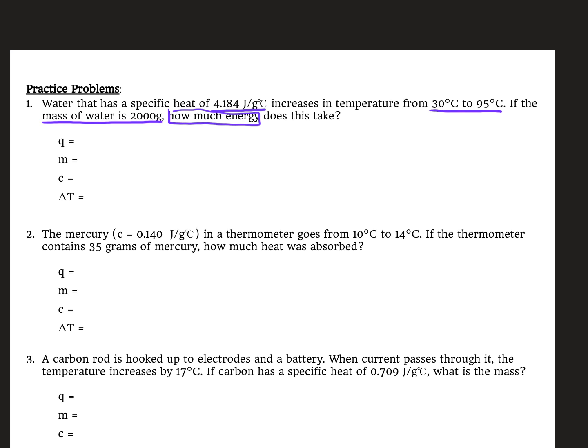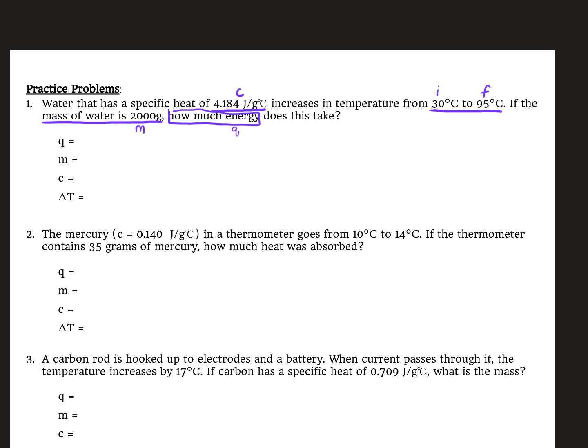So the 4.184 joules per gram degree C that's right here, that is going to be a specific heat. So this is C. Then it says it increases in temperature from 30 degrees, that's our initial temperature, to 95 degrees, that is our final temperature. And then the mass of water, so this is M, and we want to find Q.